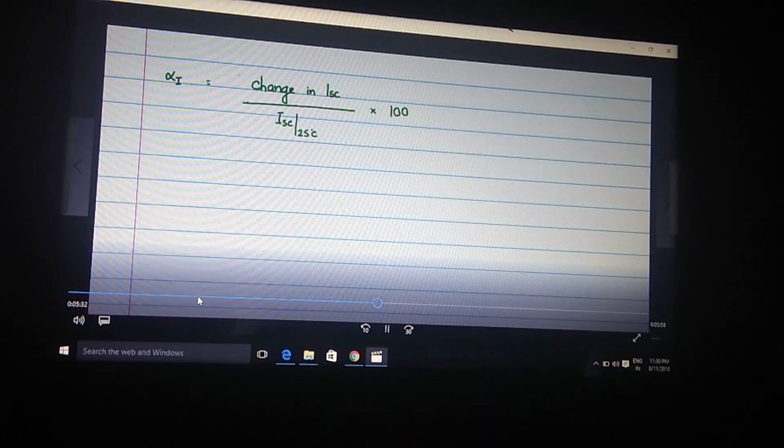Which means that this whole thing is converted to a percent form per degree change in temperature. So this is how it is defined as per the data sheet, and this value for the short circuit current we saw is given as plus 0.045% per degree Kelvin.